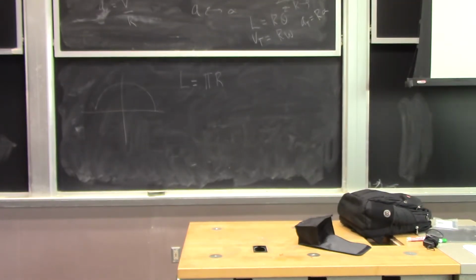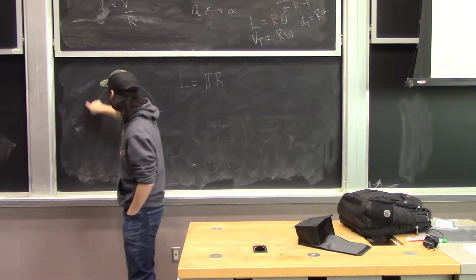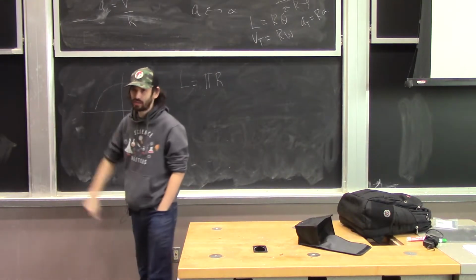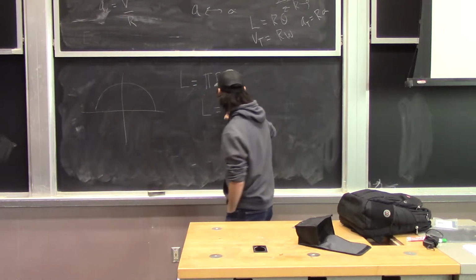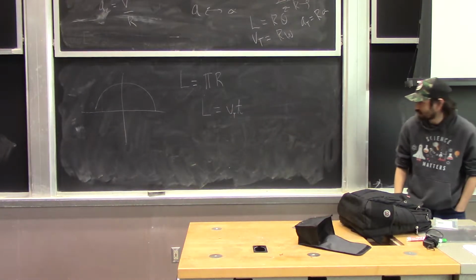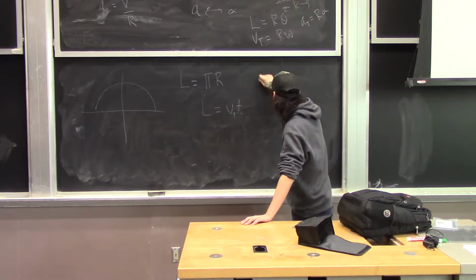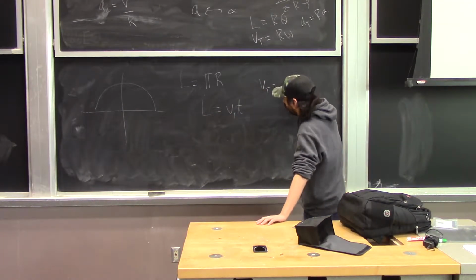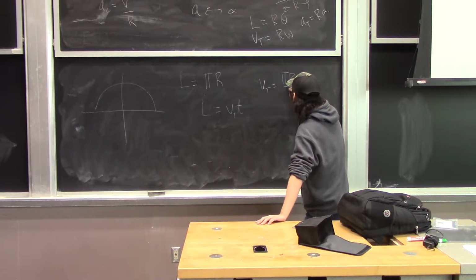And we know that we want to cover this distance in 2 seconds. And so we can figure out what the tangential velocity is going to be here, because we know that this L should be equal to v times t. And so we can put a subscript on here so we can solve for the tangential velocity. We can divide both sides by t, and so that says v_t is going to be equal to pi r divided by t.